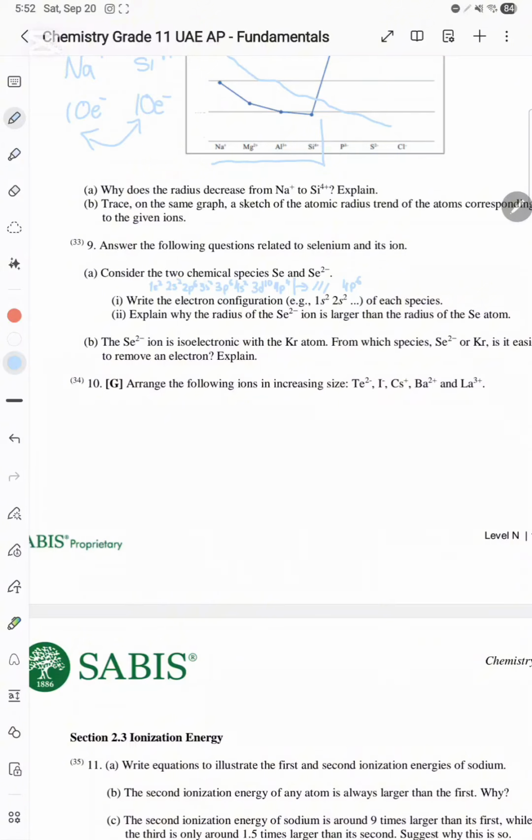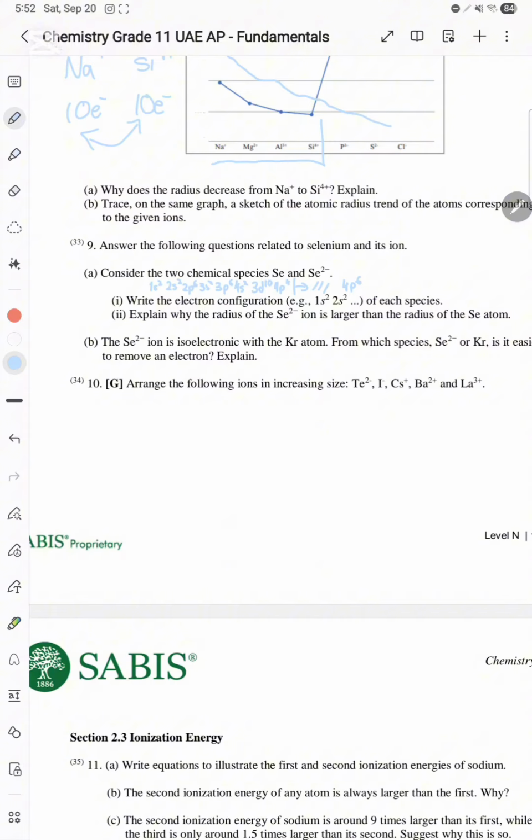Now, they both have the same nuclear charge, of course, because they're the same species. But like I said, Se2- has extra electrons. Since it has extra electrons, the protons cannot take control of these extra electrons.